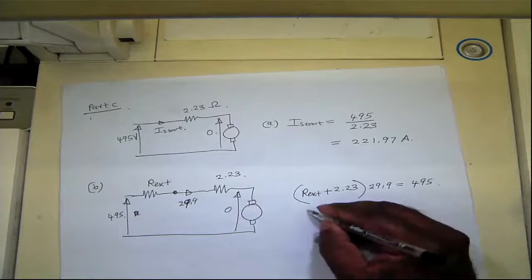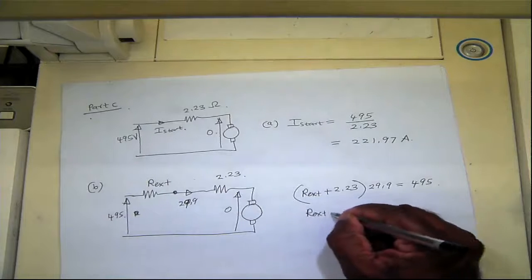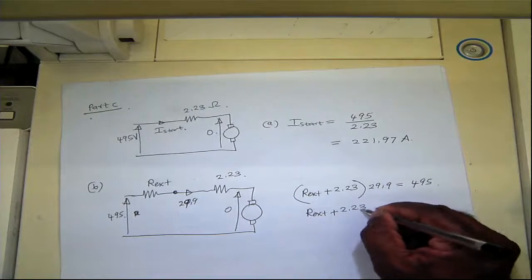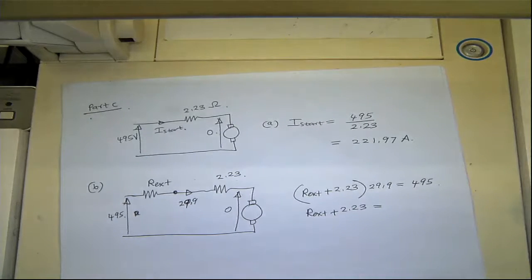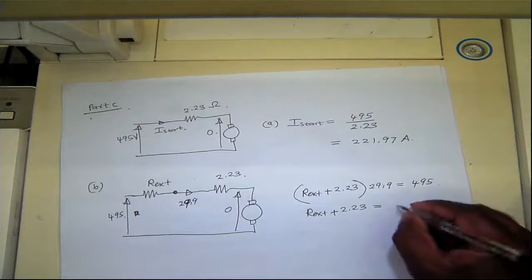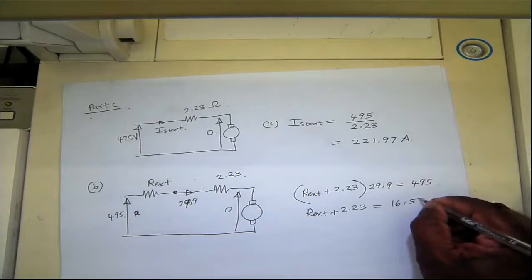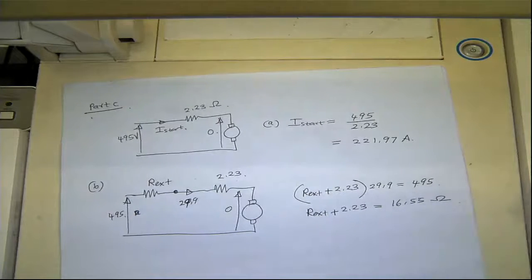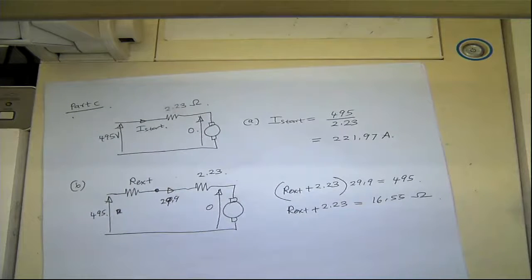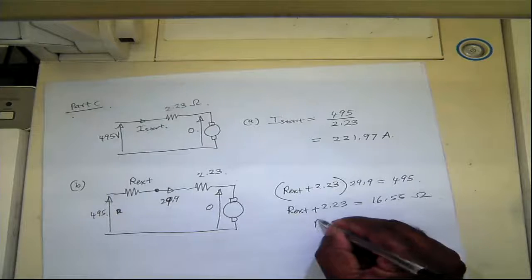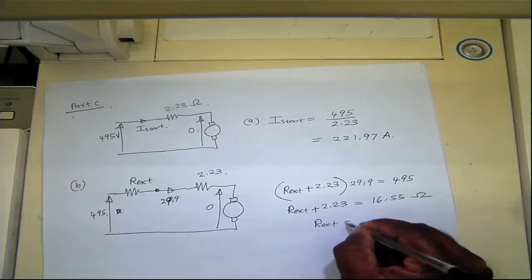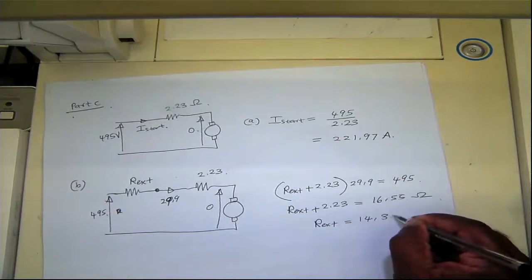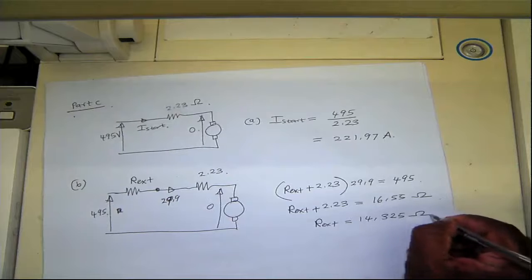So the total resistance has to be 495 divided by 29.9, which is 16.55 ohm. That's the resistance we want, and the external resistance will be 14.325 ohm.